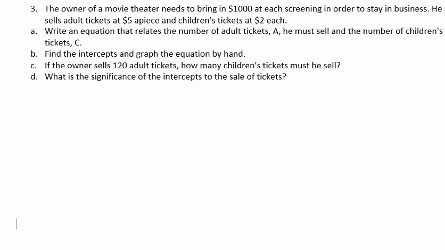Write an equation that relates the number of adult tickets A he must sell and the number of children's tickets C. So this equation is going to look something like this. $5 for each adult ticket, so 5A is the amount of revenue that he would bring in from selling adult tickets, plus 2C, the amount of revenue from selling children's tickets, is equal to the total revenue he would need, which is $1,000. So it equals 1,000.